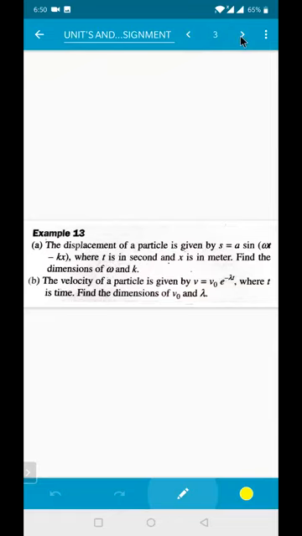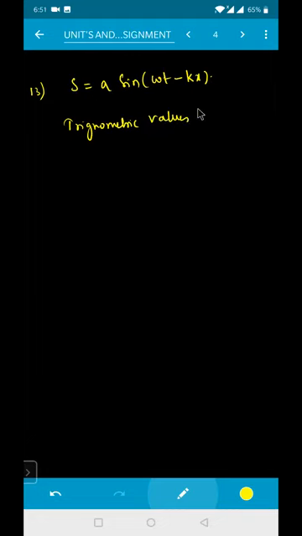See the given equation. The given equation is S is equal to A into sine of omega t minus k into x. Make sure that trigonometric values have no dimensions. Is it clear?